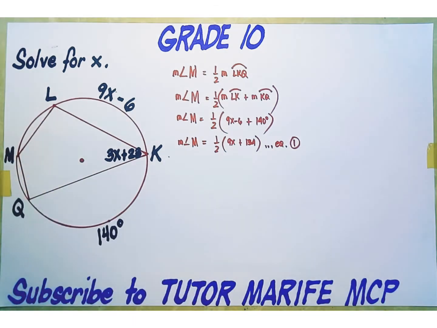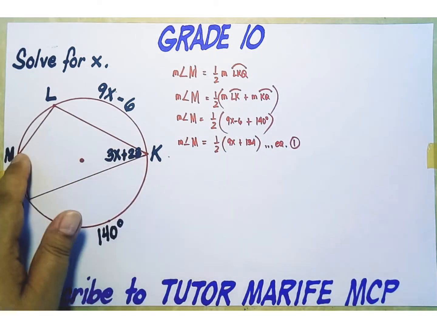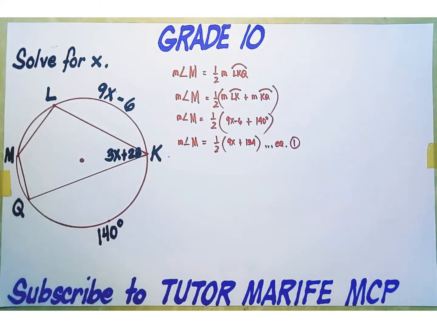What is the relationship between the measures of opposite angles of a cyclic quadrilateral? It's actually a theorem. And the theorem says that the sum of the measures of the opposite angles of a cyclic quadrilateral is equal to 180 degrees.